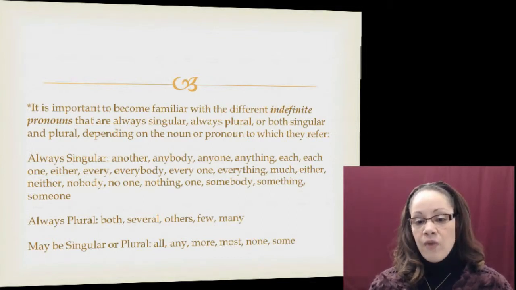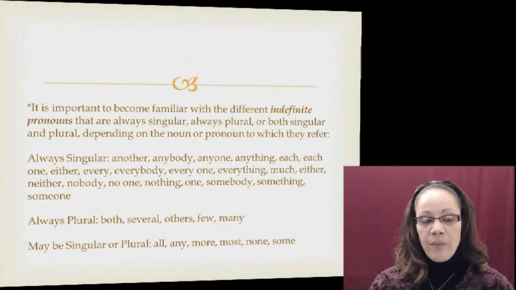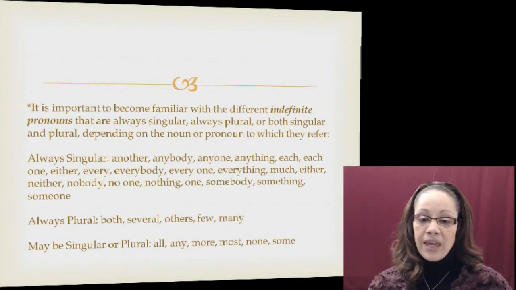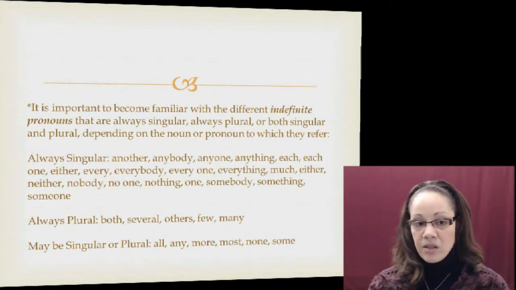So I have a list here of always singular pronouns, and it starts with another and it ends with someone. And I have a list here of always plural indefinite pronouns: both, several, others, few, and many. And then I have some that can be singular or plural depending on what they modify in the sentence, and I have a list of those starting with all and ending with some.